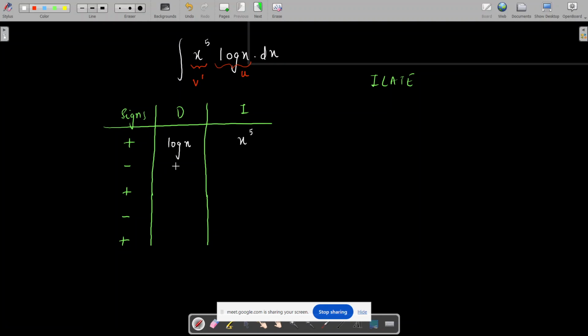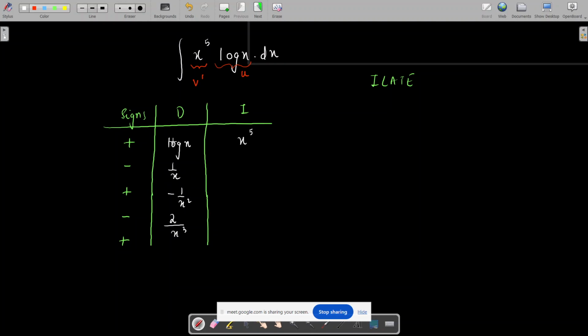Now, the derivative of log of x is 1 over x, then the derivative of 1 over x is negative 1 over x square, then the derivative of that is positive 2 over x cube. And now you will see that the powers of x will keep on increasing. First you had 1 over x, then x square, x cube. So the powers of x will keep on increasing.